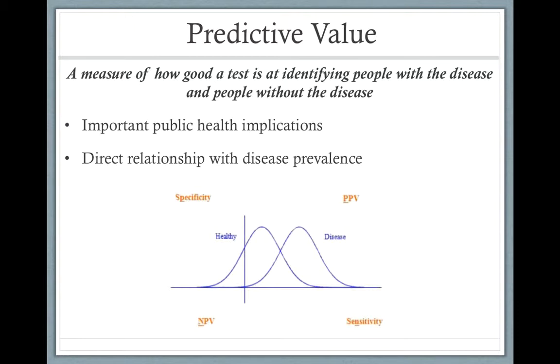So if I run this test 1,000 times and 800 people come up with a positive value, I can expect a certain amount of them to actually have the disease. It's important in that respect to public health. It's a measure of, based on the test, based on the disease, based on the prevalence of the disease, how much we can actually expect of the disease.